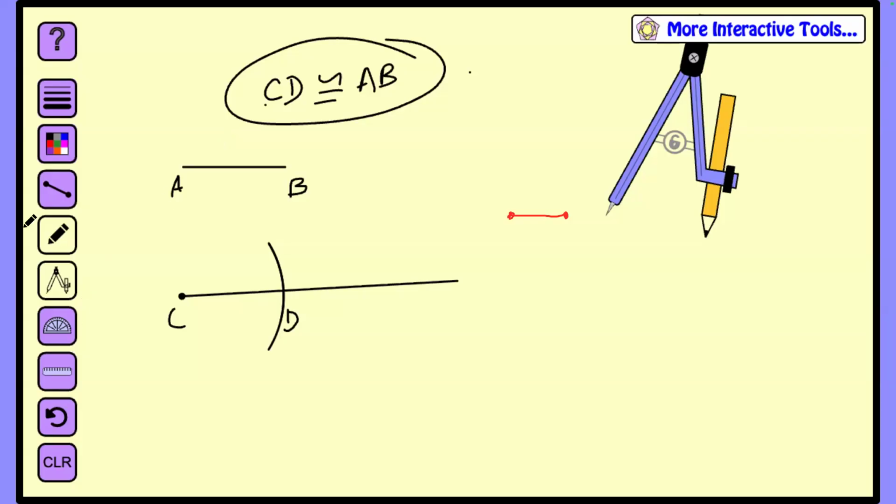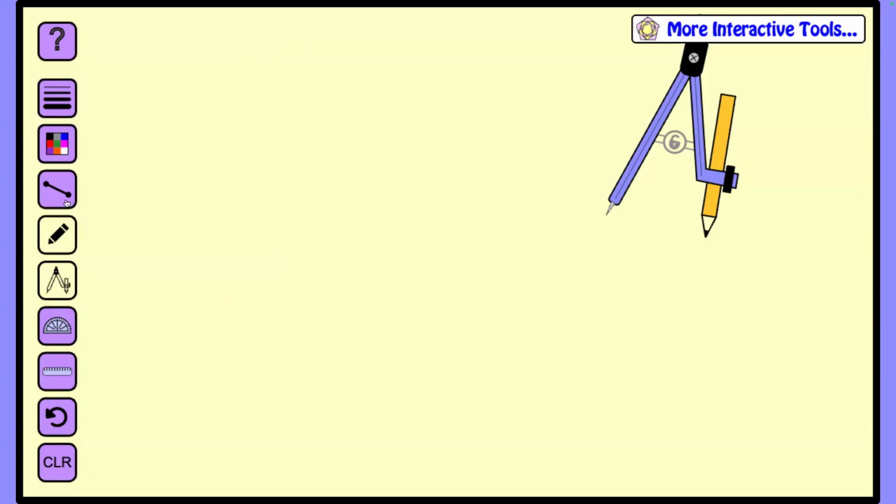Now copying an angle is how? I don't think they'll ask, but if they ask, you should be able to answer for me, that's all. So here, let's say I have this angle, right? If I ask you to copy the angle, what would you do? Copying the angle is pretty easy too. So let me show you.